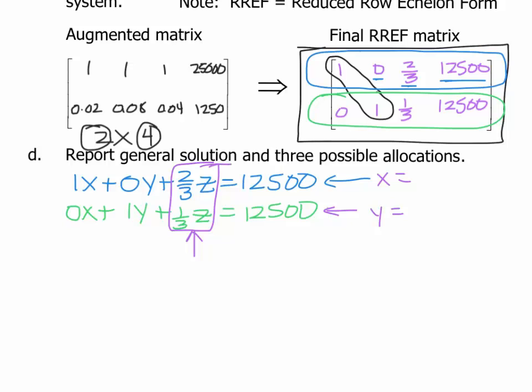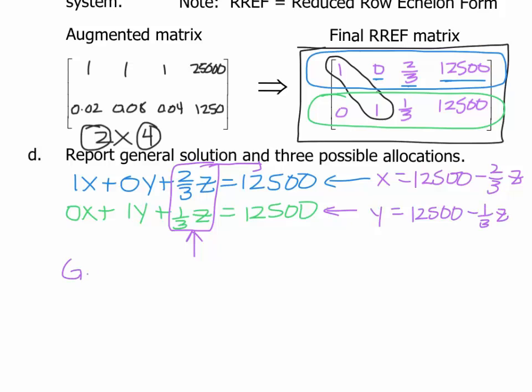If I move this 2/3 z over to the other side of my equal sign, I'm going to have 12,500 minus 2/3 z. And doing the same thing for the next one, I'm going to get 12,500 minus 1/3 z.